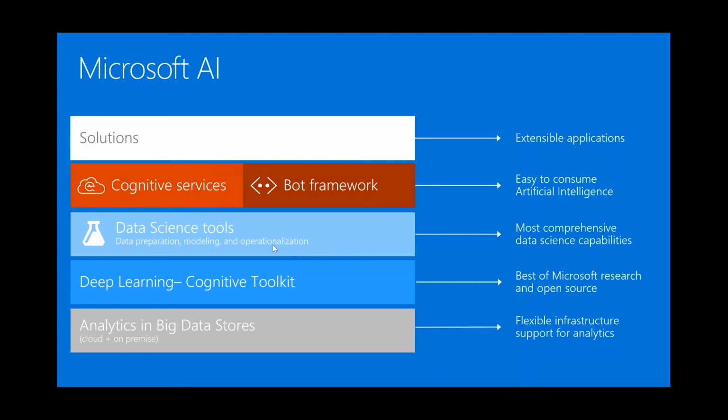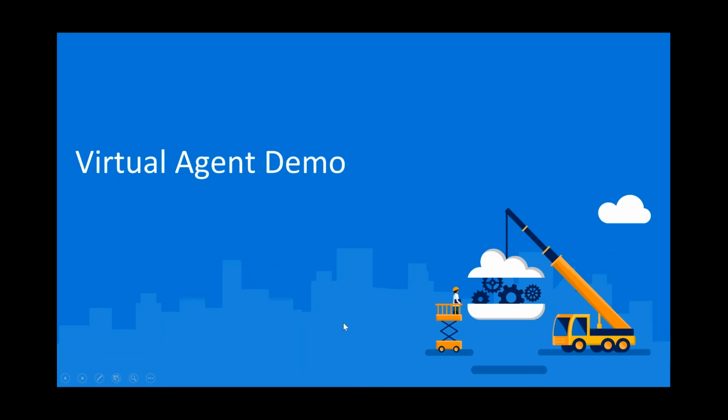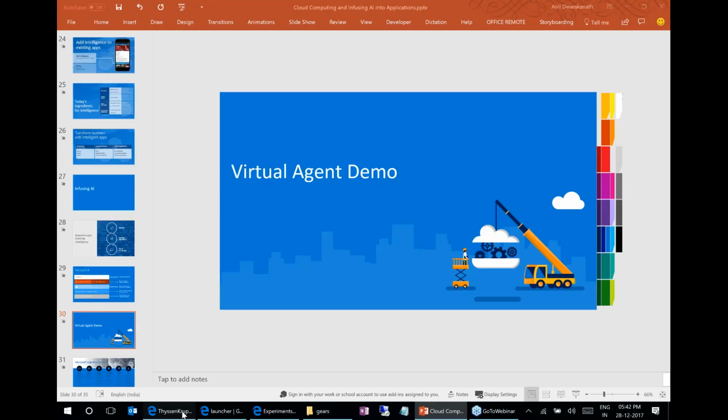And for deep learning, we have something called the Cognitive Toolkit, or CNTK. I'll quickly show you a demo of this. And of course, we have analytics in the big data space, for example, SQL Server and Spark and things like that. So let me quickly show you a virtual agent, a bot demo over here.